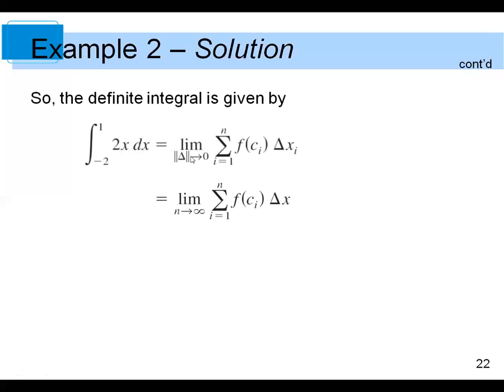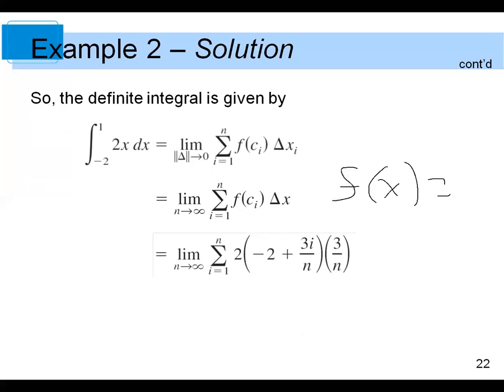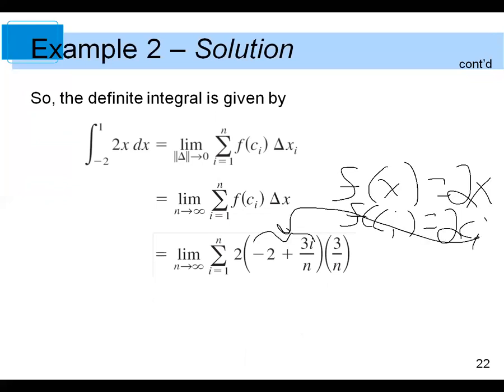So just plug in what you have. Remember, the function was 2x. So if I do f of ci, that's going to be 2 times ci. And we found ci to be -2 plus 3i over n, times delta x, which is 3 over n.